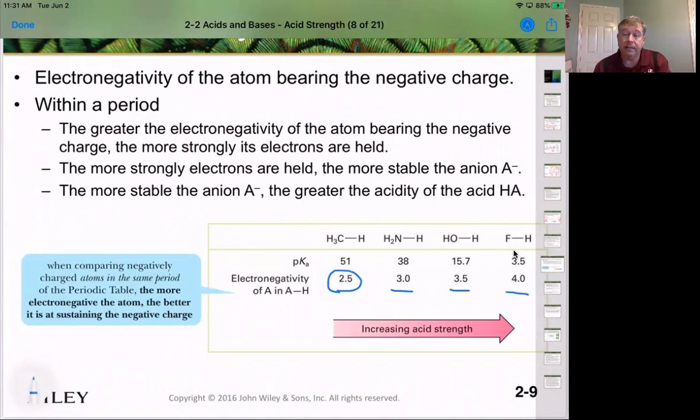Remember, that's our highest electronegative atom. As the electronegativity increases, the acid strength increases. So that's one of the 4 factors: acidity increases as our electronegativity increases.